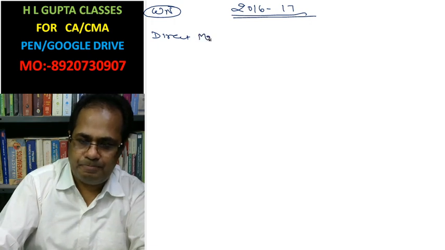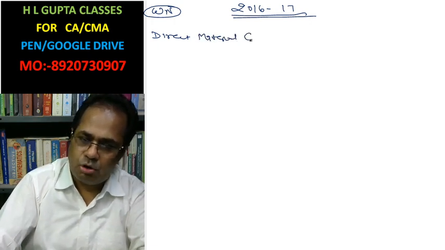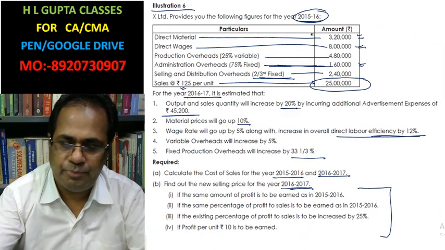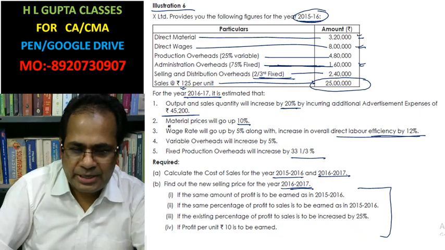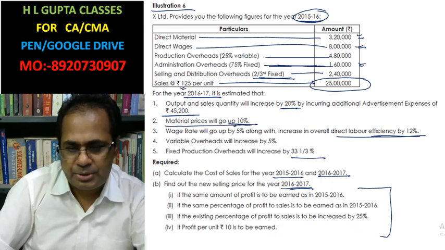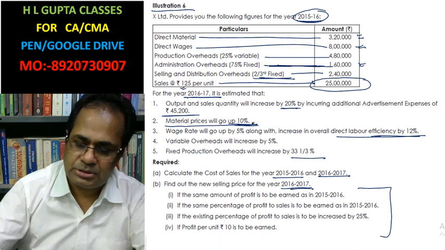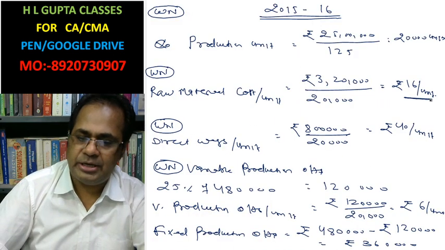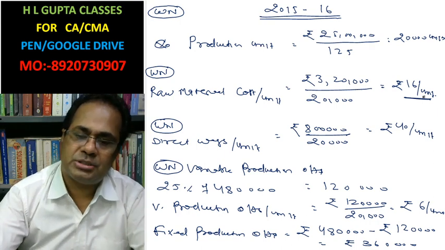In the given question, what is the information? Material cost will increase by 10%. What is the material cost per unit here? 16, and it is increased by 10% in 2016-17.